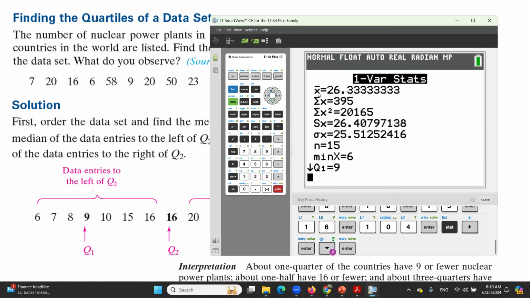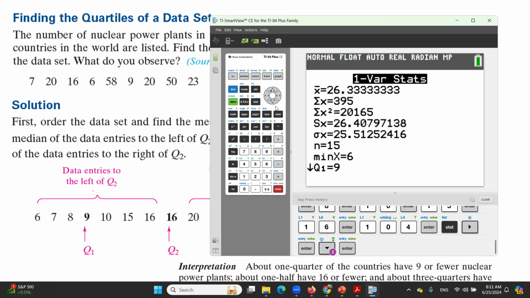The average number of nuclear power plants is about 26. The standard deviation that we learned last class is 26.41. We have 15 of them listed here. The minimum is 6. We can verify that.